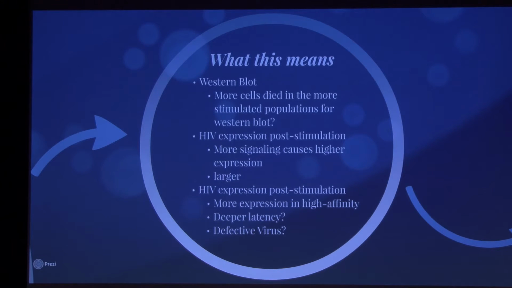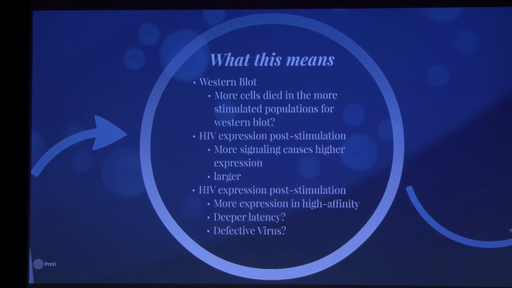So what the next experiment suggested is that stronger signaling could actually lead to higher expression of HIV, and maybe a larger latent reservoir in the cells that had the weaker signaling.